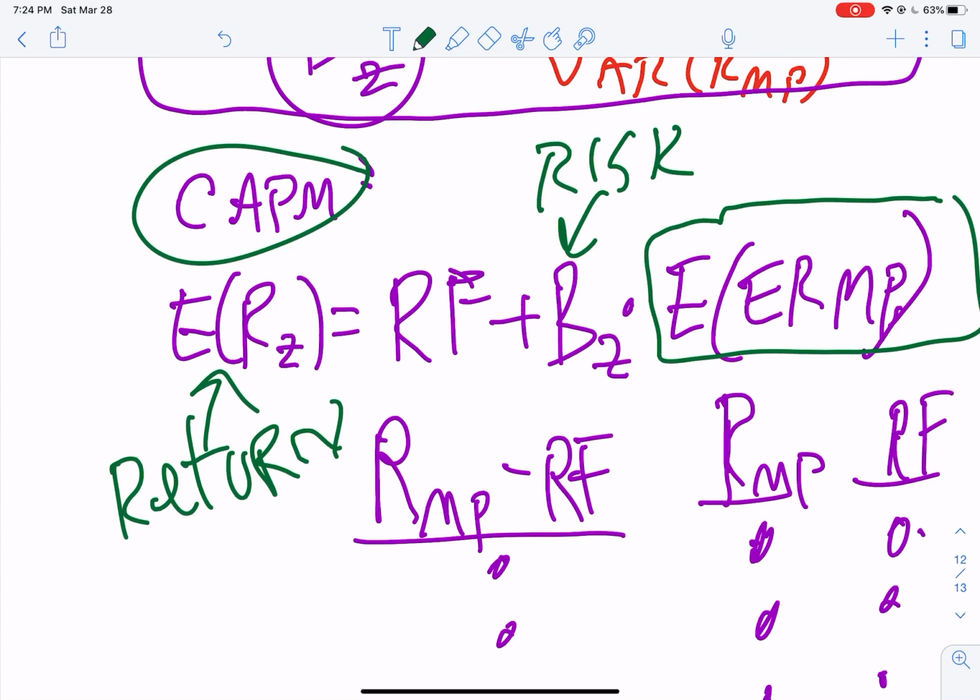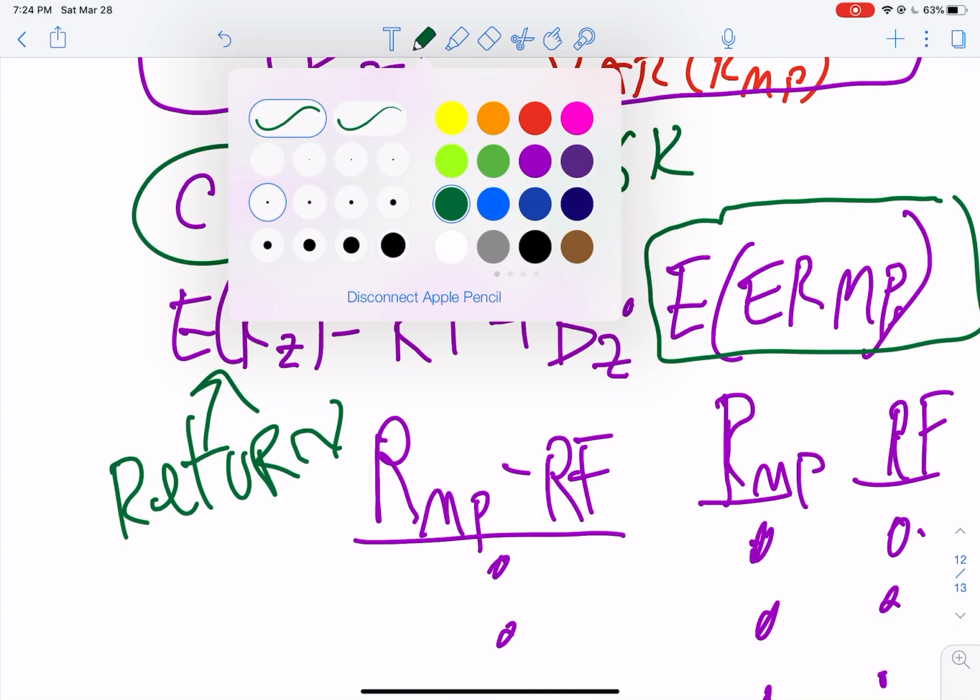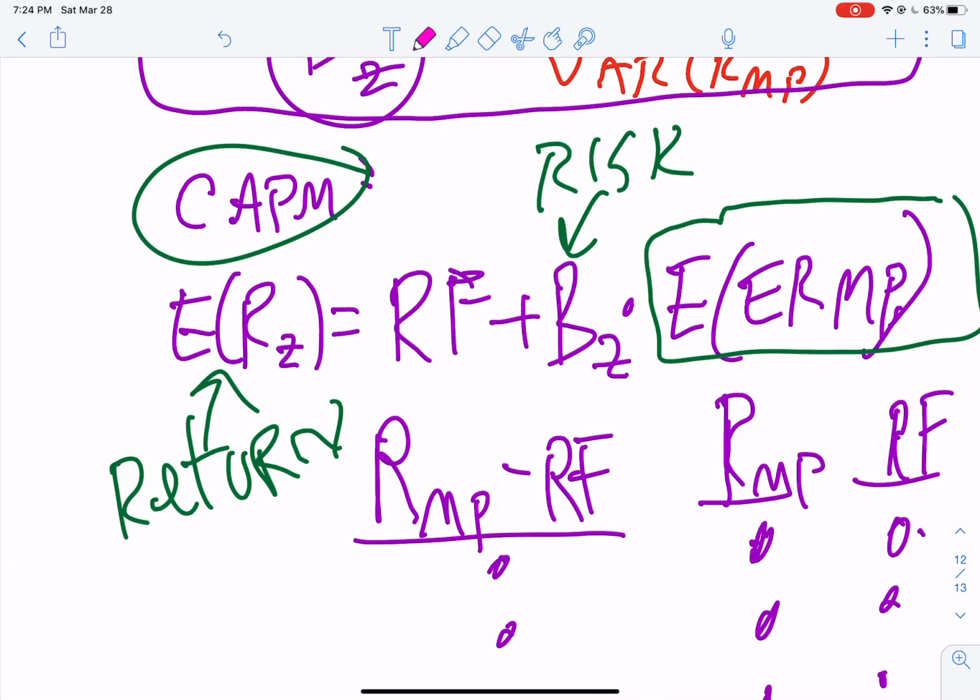Notice that on the right-hand side of the equation, there's only one thing that relates at all to security Z, and that is this beta. And so the expected return on Z depends, according to this model, only upon the beta of Z. You multiply that by the expected value of the excess return on the market portfolio, add to the risk-free rate, and you get your expected return on stock Z over some period, perhaps a year.